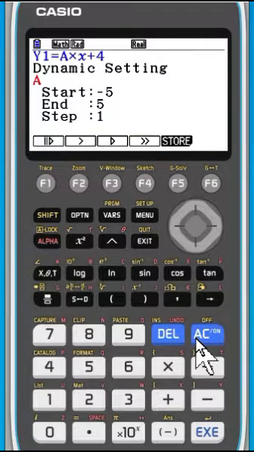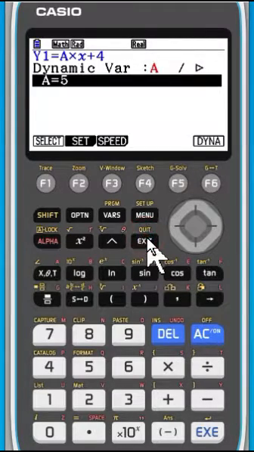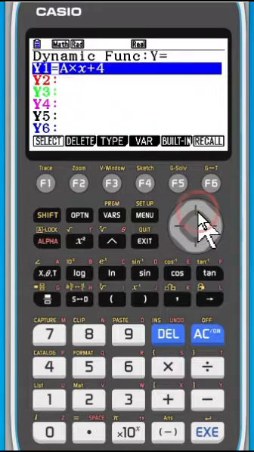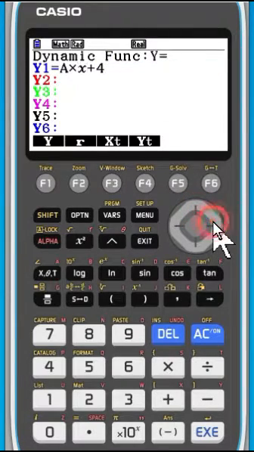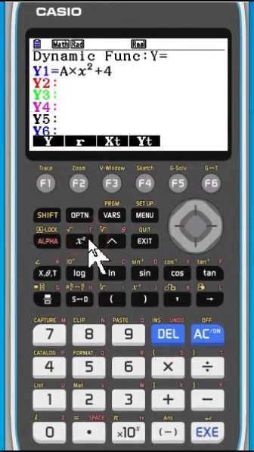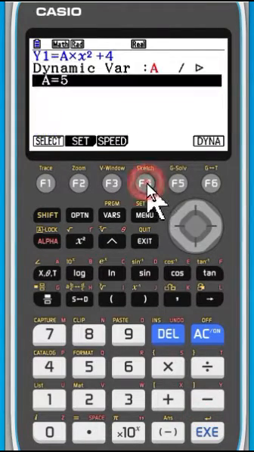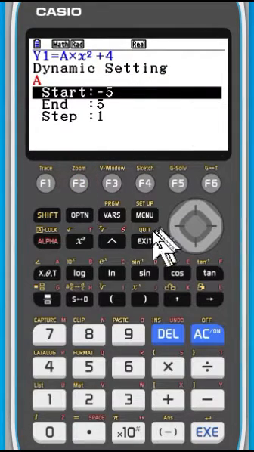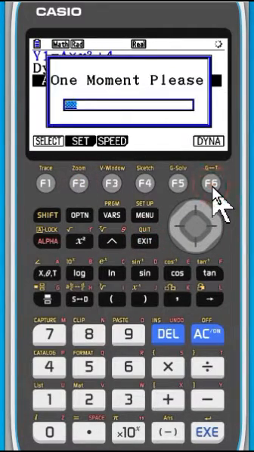Let me take some different example. Instead of this, let's take ax square plus 4, all right, and let's do the same negative 5 till 5, okay, and let's make it dynamic graph.